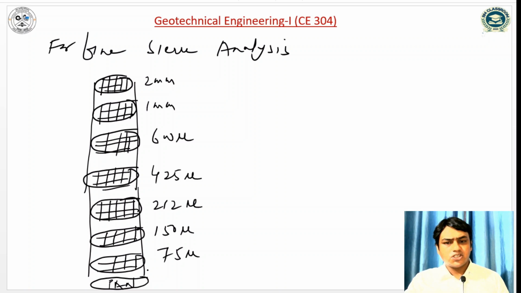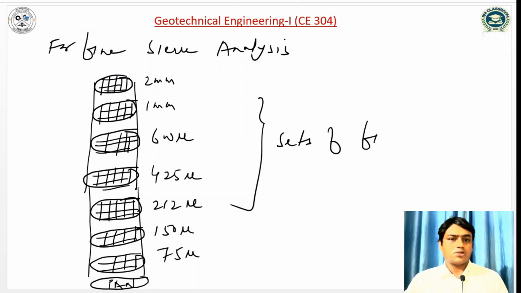So for the particles which pass through 75 micron, we will go for wet sieve analysis, or sedimentation analysis, or hydrometer analysis. So these are the sets of fine sieve analysis.